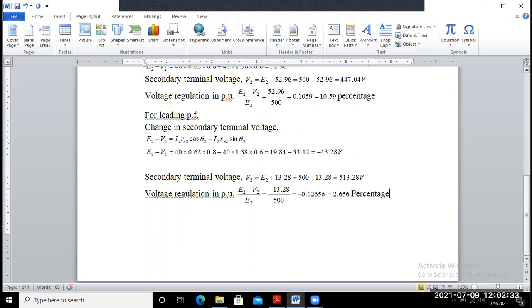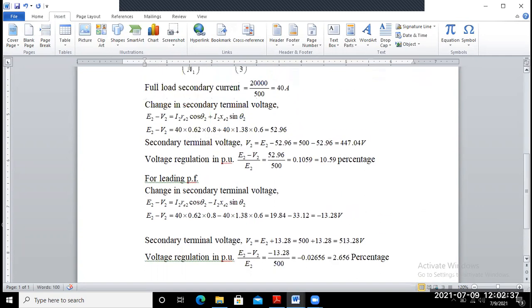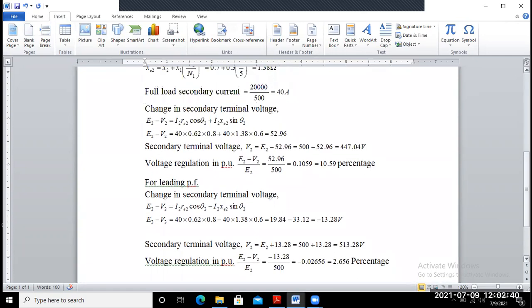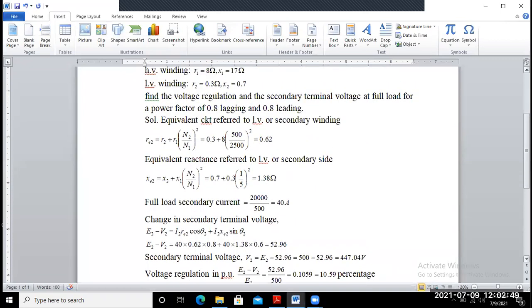So this type of problem you can solve based on this formula: voltage regulation equal to E2 minus V2 divided by E2 in per unit. If you multiply by 100, that means in percentage. In this particular problem, we need to use parameters in ohm. In another problem, parameters may be given directly in per unit, that means equivalent leakage reactance and resistance values in per unit.